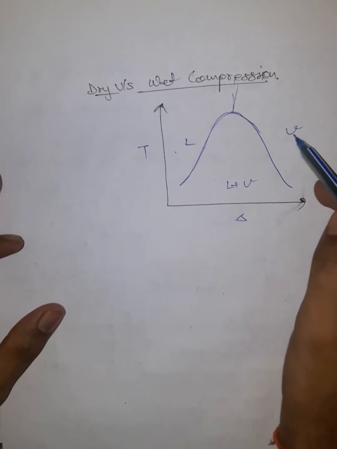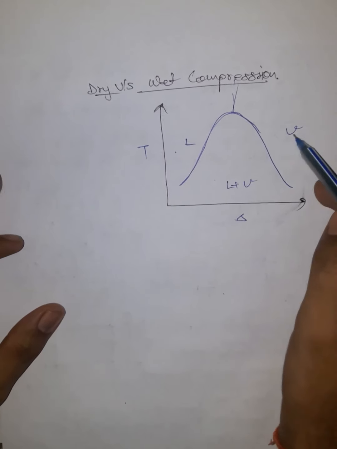Now the process 1 dash to 2 dash, it is occurring in the liquid plus vapor region. That means the moisture is also present in the vapor. So this is the wet compression region. That means the process from 1 dash to 2 dash, this is wet compression.